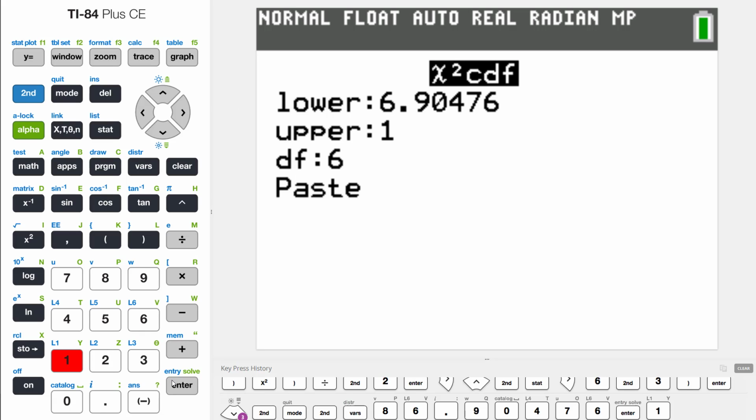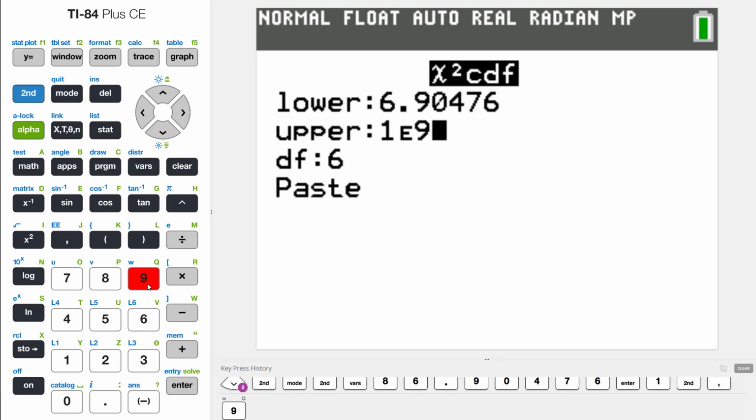You'd key in 1, and then you'd press scientific or exponential notation, and then to the 99 power. And so that is 1 times 10 to the 99. That's what the calculator uses for positive infinity. Degrees of freedom, if you remember, we were comparing 4 categories, so the degrees of freedom would be 1 less. That would be 3.